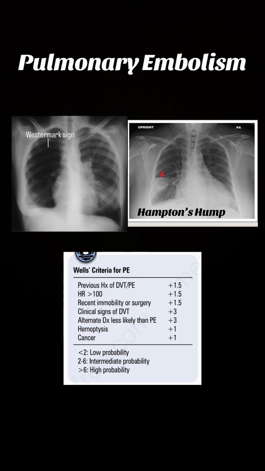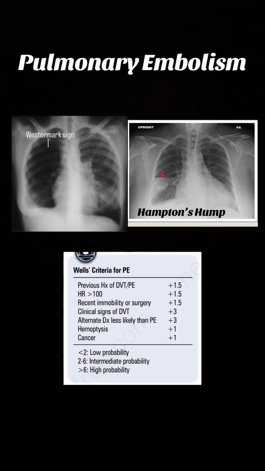Then 1.5 points for any of these: if the patient has a history of previous pulmonary embolism or DVT, if he is tachycardic more than 100, or if he had recent surgery or immobilization. So in our scenario, he had recent surgery, so 1.5 points for that. And 1 point for either hemoptysis or cancer.